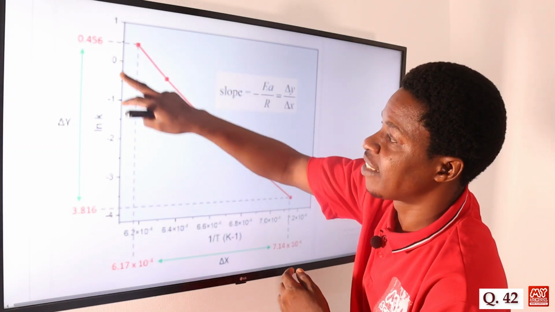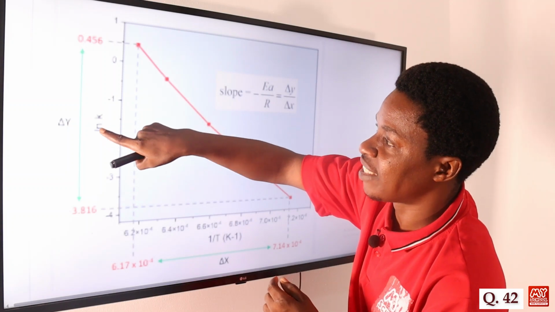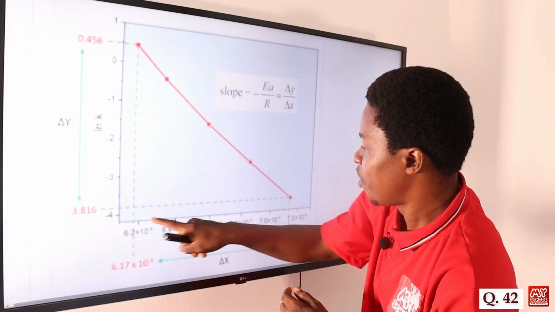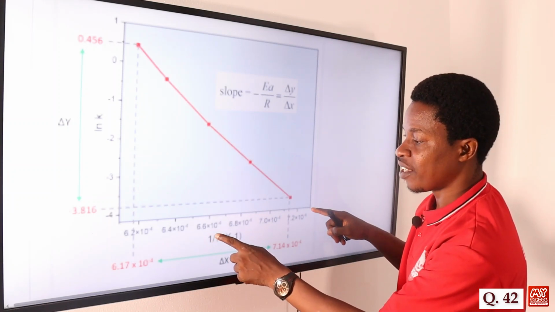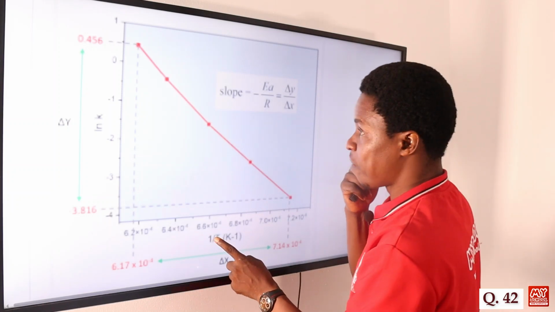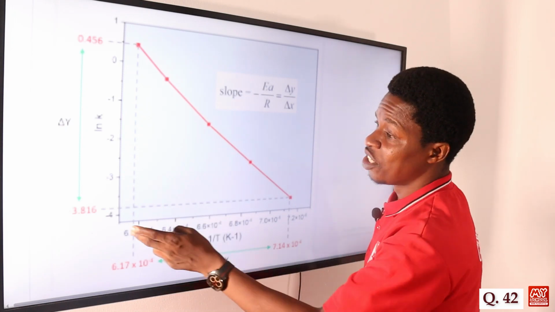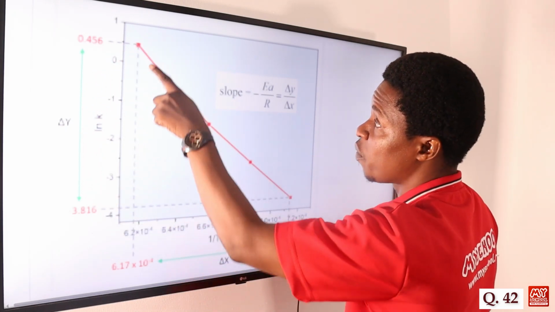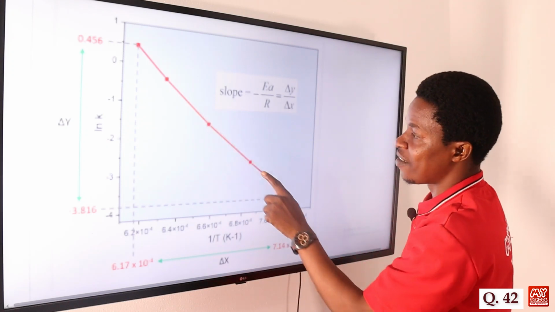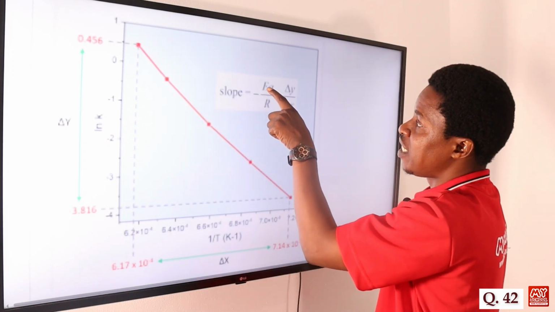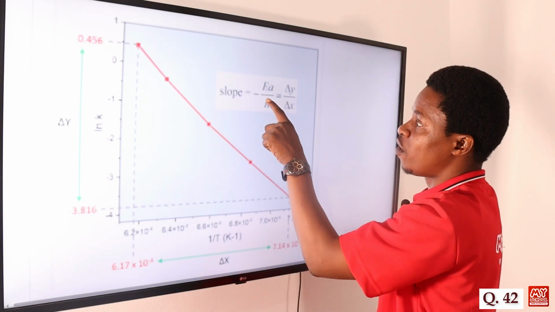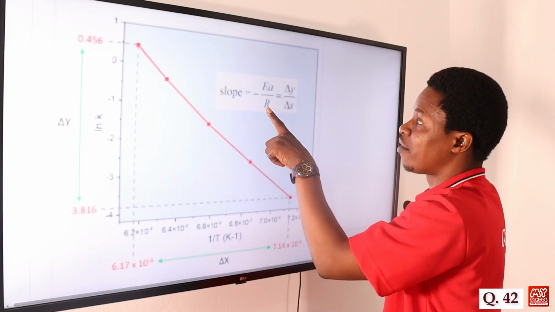You can see on the y-axis we have ln K, the natural log, and on the x-axis we have 1 over T, the reciprocal, the inverse of temperature. So they are inversely proportional. We have this slope coming down. The slope is the negative of Ea, the activation energy, over R, because R is a constant.